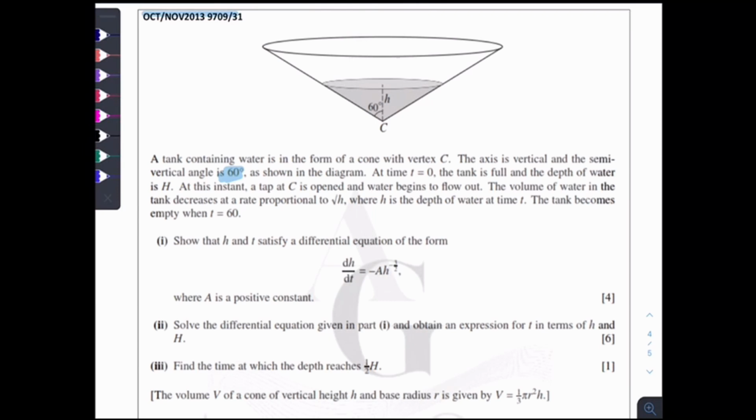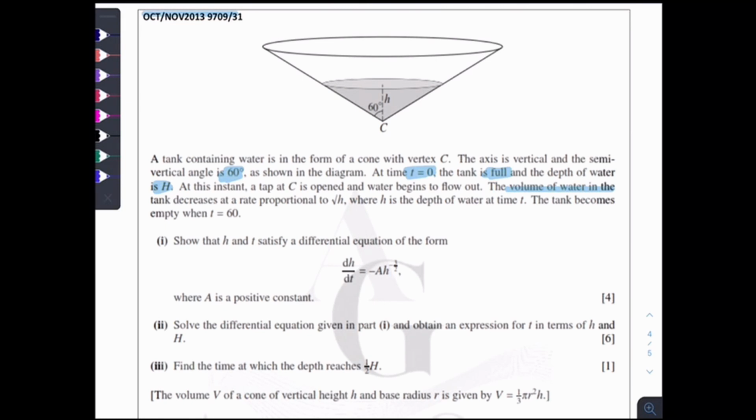When t equals 0, the tank is full and the depth of water is h. At this instant, a tap C is opened and the water begins to flow out, and the volume of water in the tank decreases at a rate proportional to the square root of h.